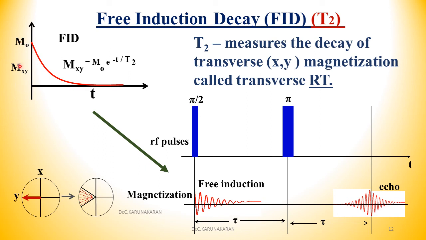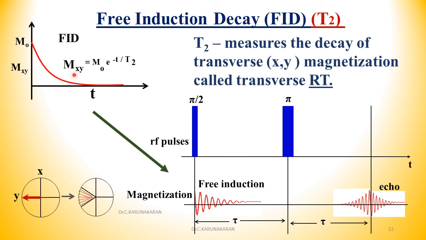Therefore, the magnetization Mx or My is decreasing. This is the initial magnetization M naught at t equal to 0, immediately after applying the pi by 2 pulse. With the increase in time, the signal decays. That is called the free induction decay.